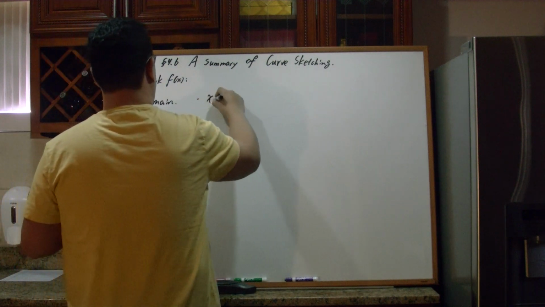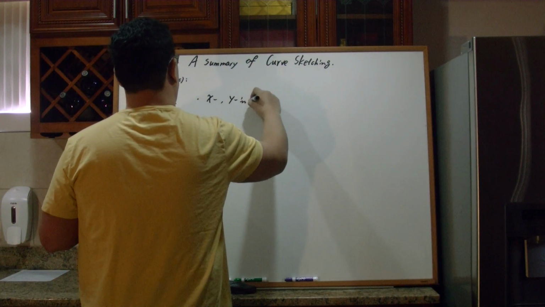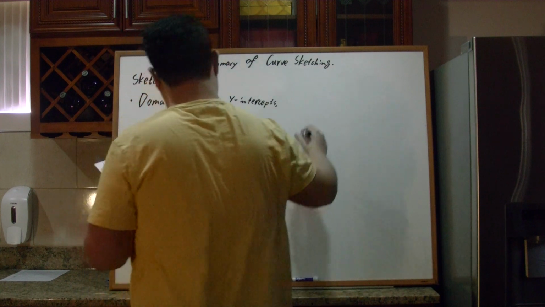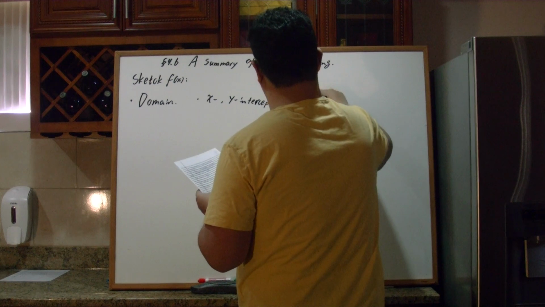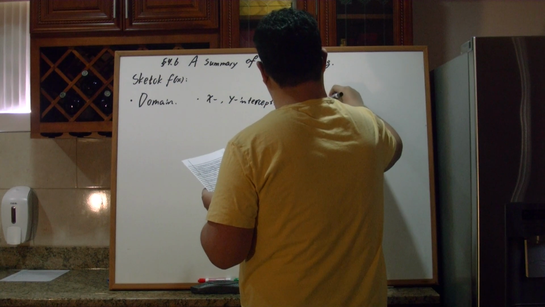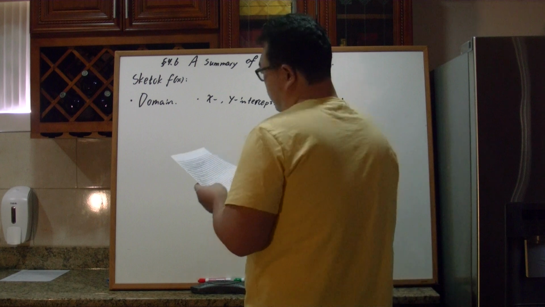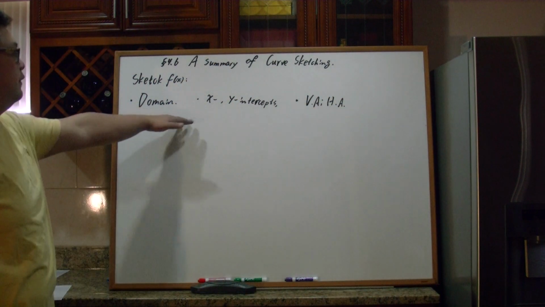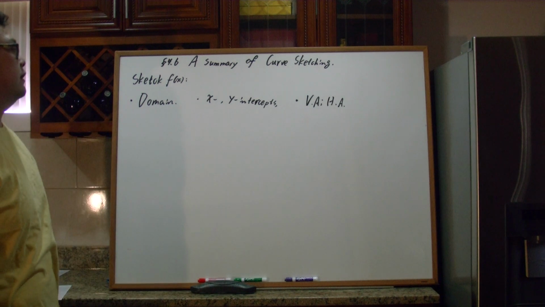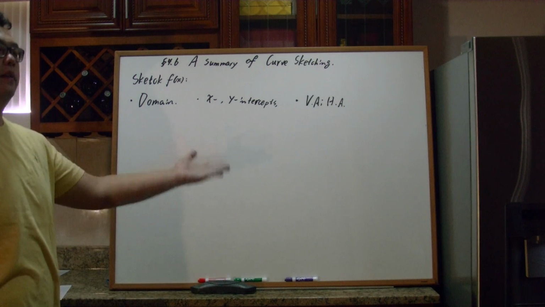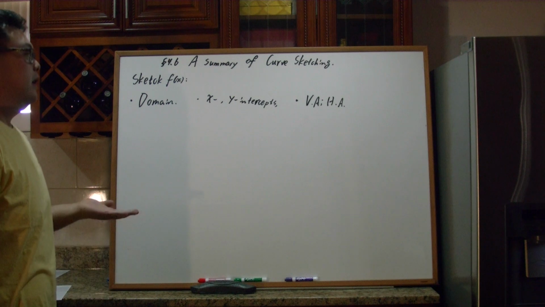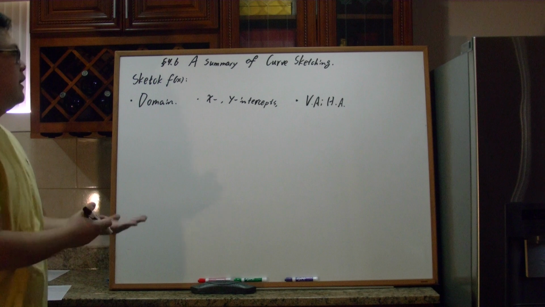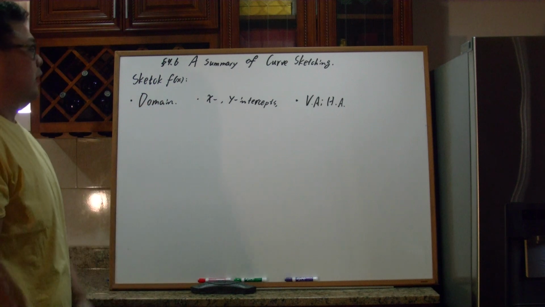Then the x and y intercepts, and the vertical and horizontal asymptotes. Right, that was what we saw in pre-calculus. We have domain, x, y intercepts, vertical and horizontal asymptotes, and together with maybe some other points, we get a rough graph.